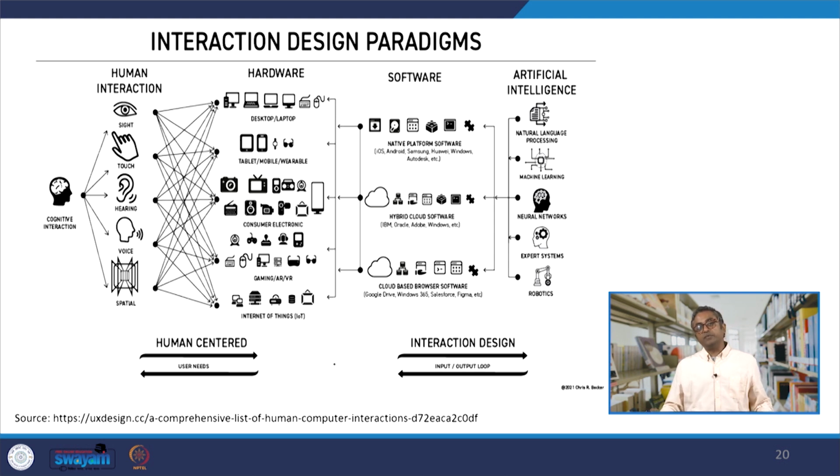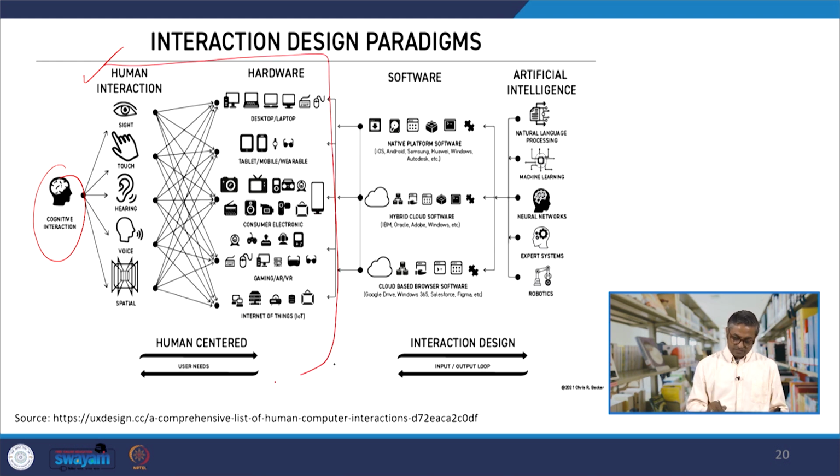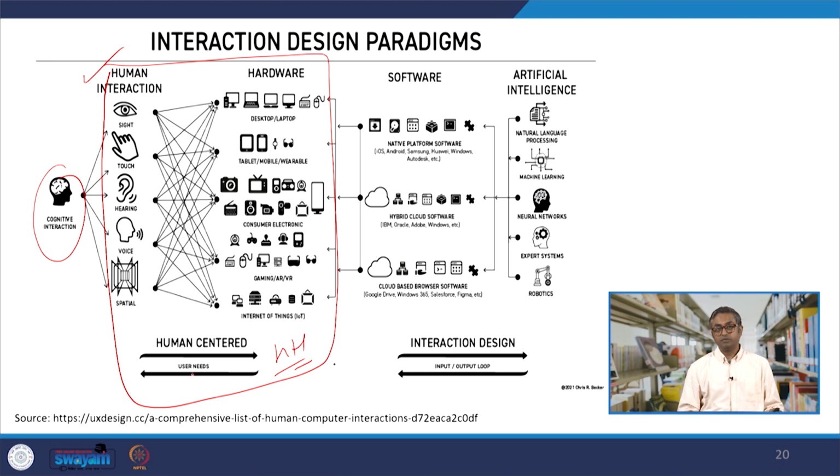It has to be human centered, because on one side the humans are there. Cognitive interaction is there, meaning attention, perception, memory, all these things. Sensory systems are there. The sensory system is interacting with the hardware system, human and hardware, and that is why it is human centered. Based on the user's need, the hardware is there.